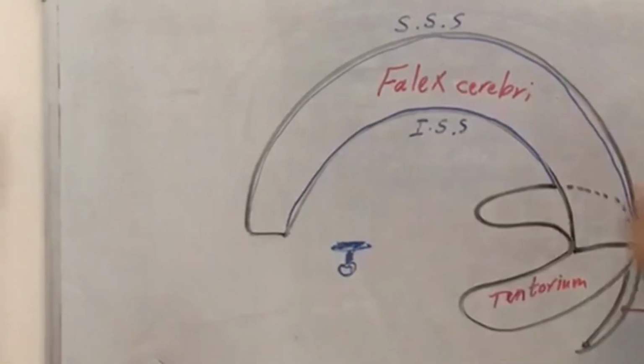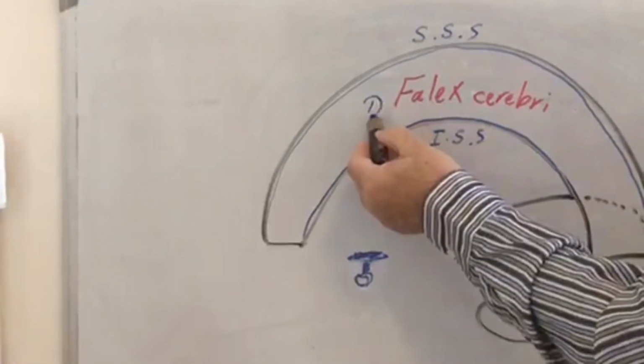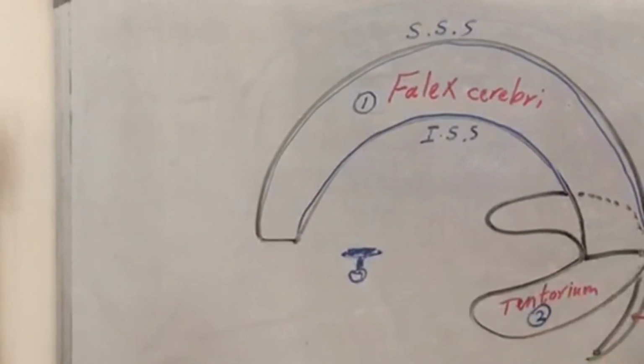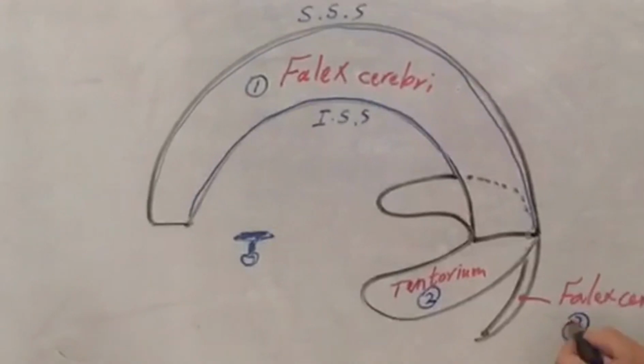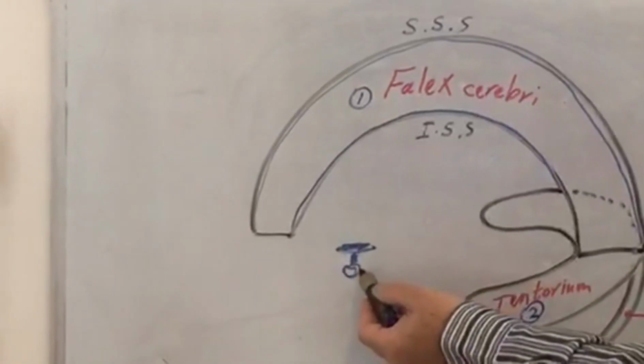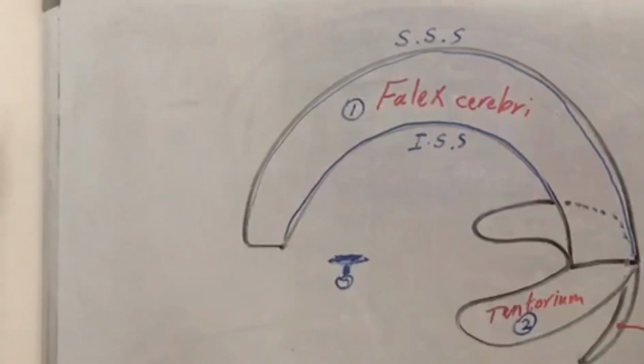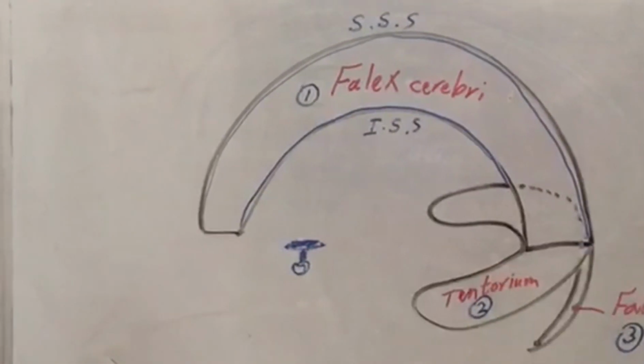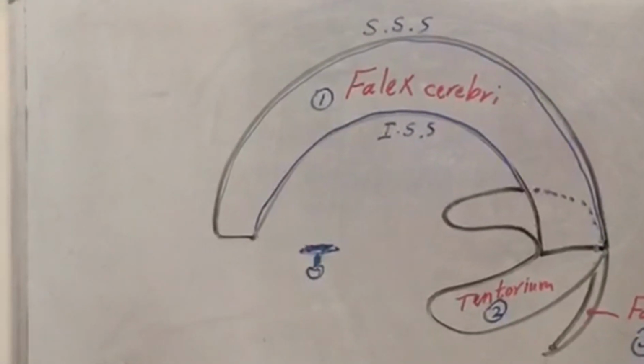So how many extensions do we have? This is number 1, falx cerebri. Number 2, tentorium cerebelli. Number 3, falx cerebelli. And we are left with number 4, diaphragma sellae. In these regions, there are sinuses. We will discuss them later.